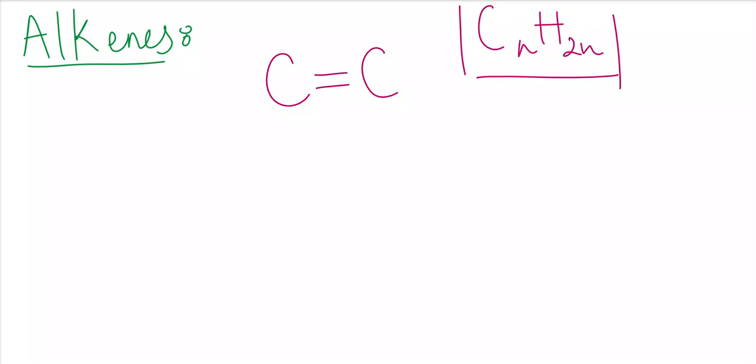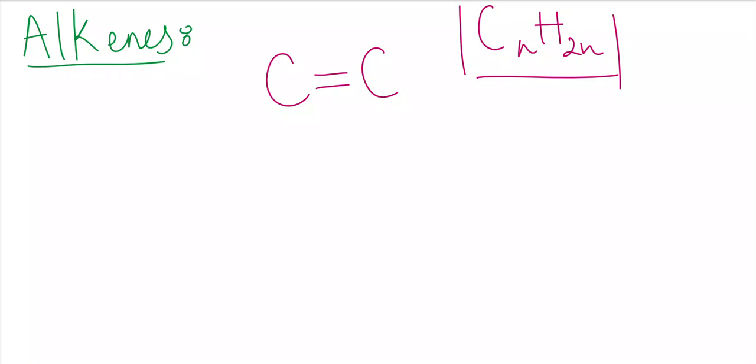Note that there are 2 fewer hydrogen atoms compared with a similar alkane because of the presence of the carbon-carbon double bond. The first member, or you can say the simplest alkene, must contain 2 carbon atoms. That is the condition needed for the carbon-carbon double bond.